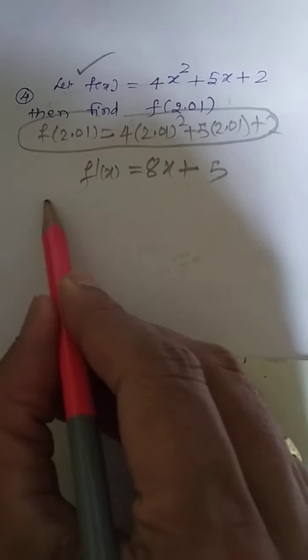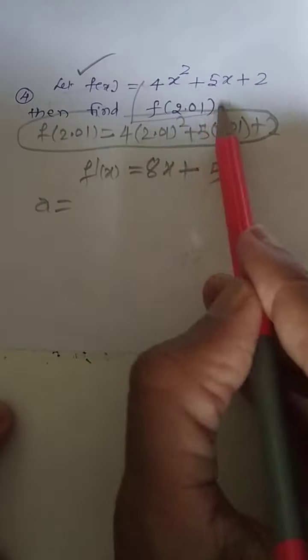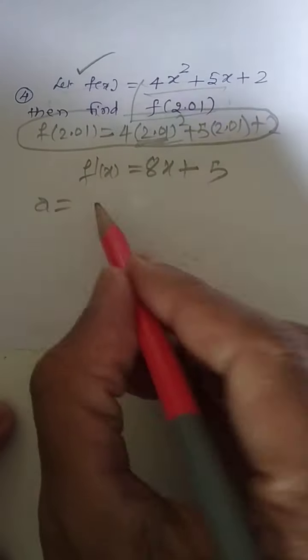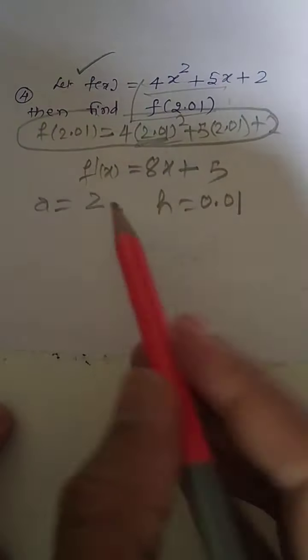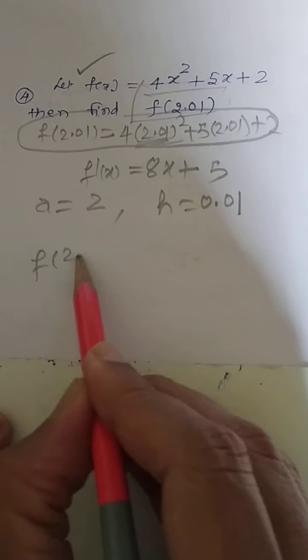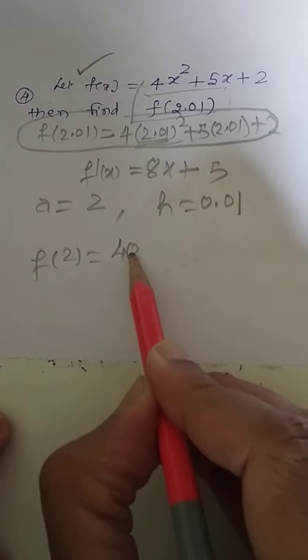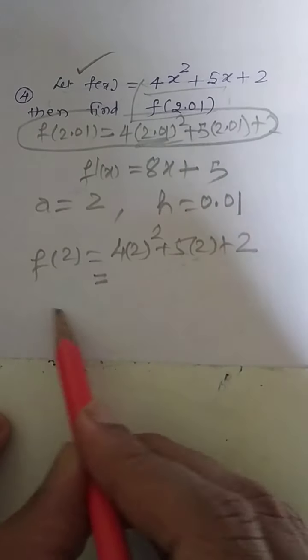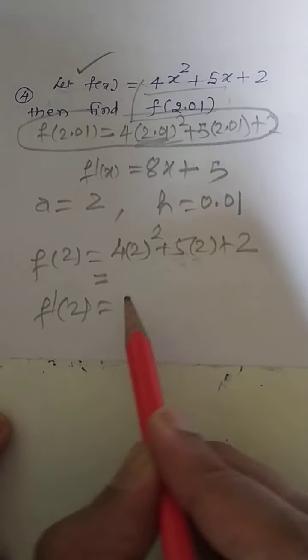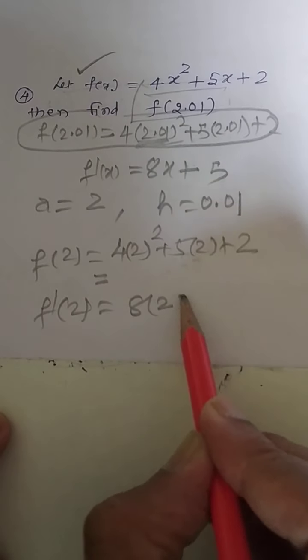Now identification of a. Over here if you look at this expression, a will be 2 and h will be 0.01. Now f of a, f of 2 is nothing but 4 times 2 square plus 5 times 2 plus 2, simplify. F dash of 2 is nothing but 8 times 2 plus 5.